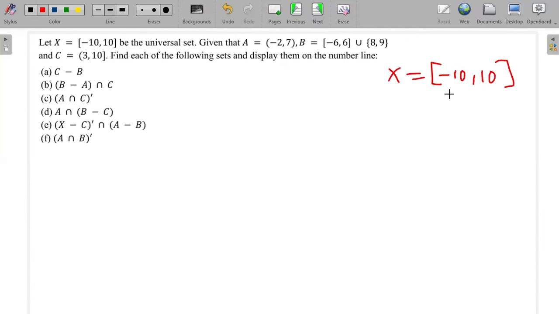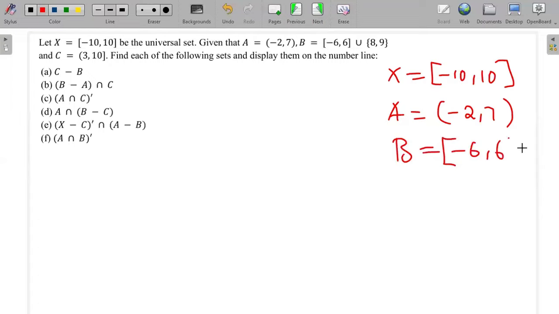So meaning it's the largest set that you have, right? And then let set A be from minus 2 to 7, and there are curved brackets there. B from minus 6 to 6, and they're square brackets. Okay, so here, in fact, they've put union, and they have used some weird brackets there.